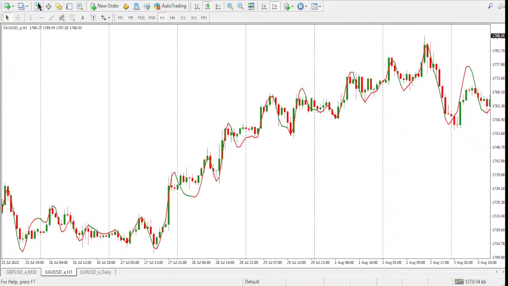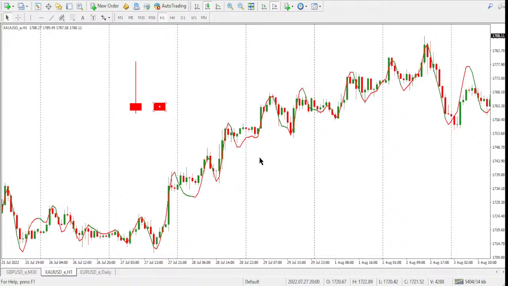So any candle which looks like this, a candle which has a small body but a relatively long tail on one side, assuming you have a candle like this, or a red candle like this, or you have a candle which looks like this.